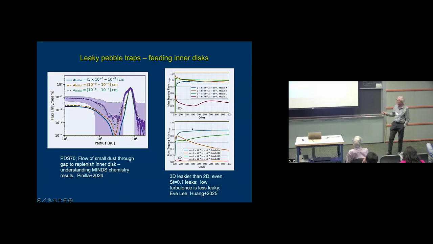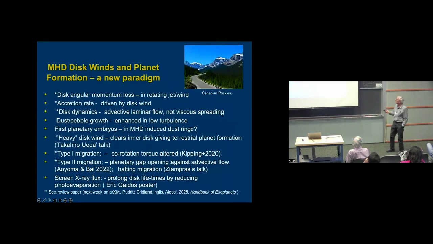It wasn't. These traps are leaky, and here you can see her calculations indicate that the data is best fit if small grains make it through and large grains do not. That is mirrored in work here, Eve Lee and Huang et al., the same kind of results shown here. If you're more turbulent, you're going to be more leaky. Disks are not very turbulent in the wind regimes, so that may help.